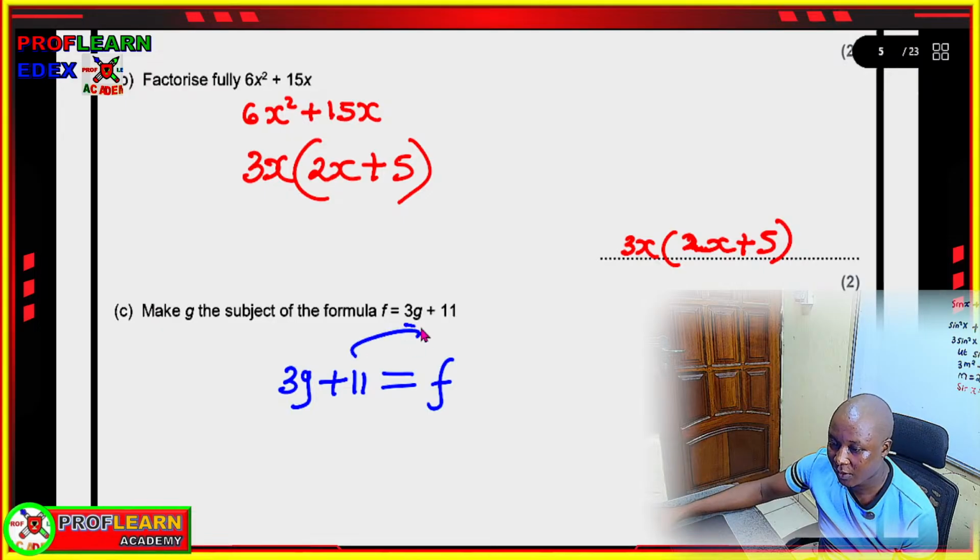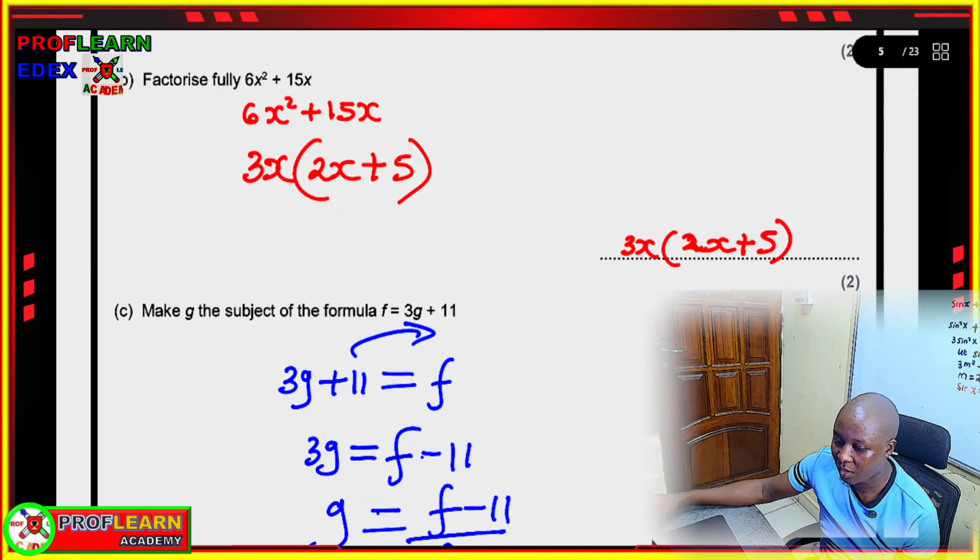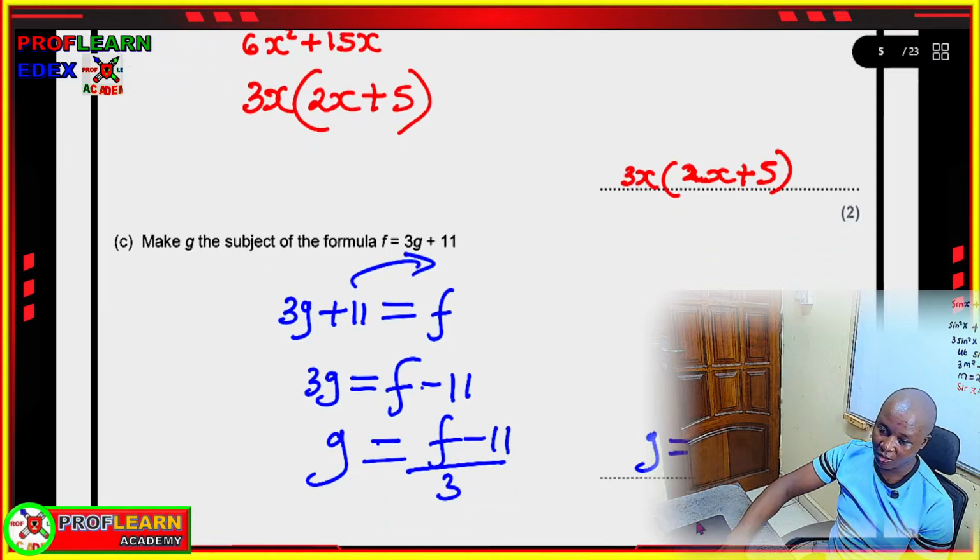So we shall take 11 to the other side. We'll have 3g is equal to f minus 11, and then divide by 3 both sides. So we shall have g is equal to f minus 11 over 3, and that's our final answer in that case.